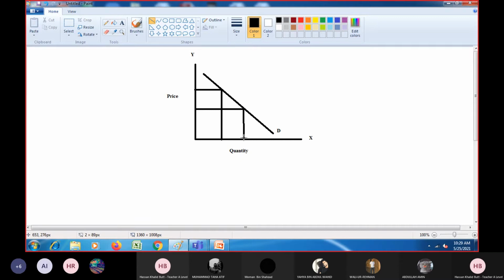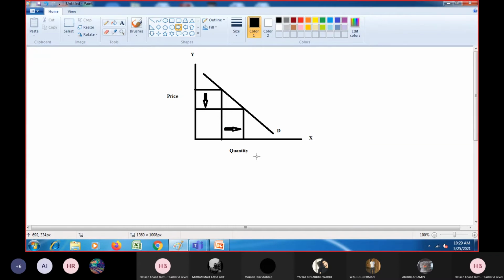You can say it is increasing. So this is price going down and quantity demanded going up or increasing, right? This is the scenario. And that is why the demand curve is negatively sloped.